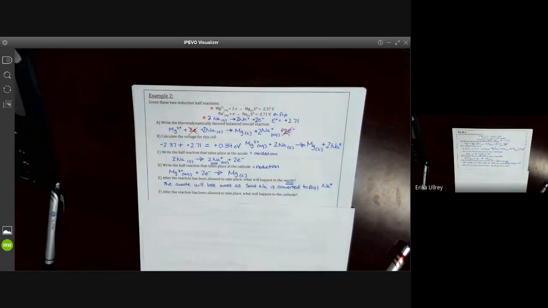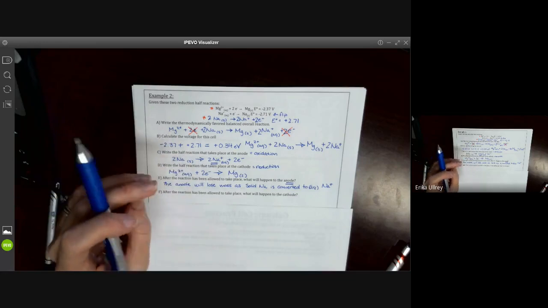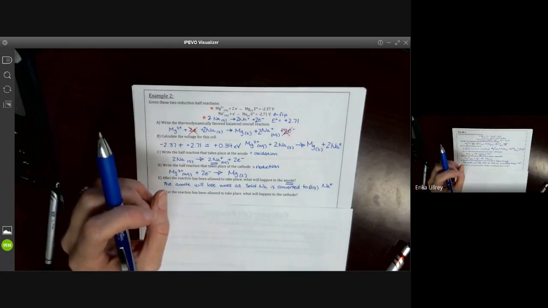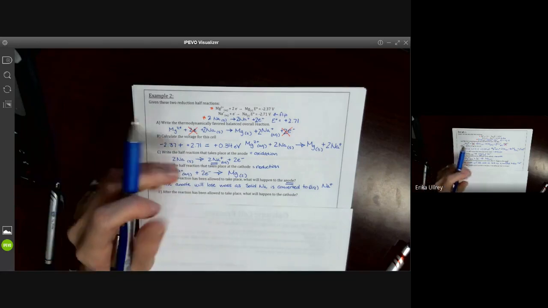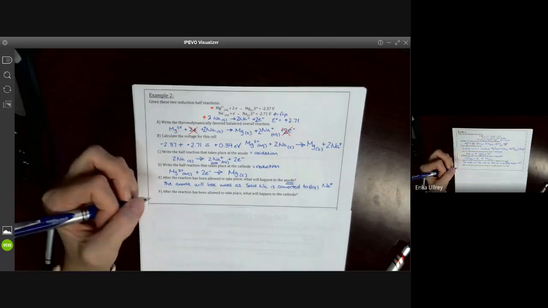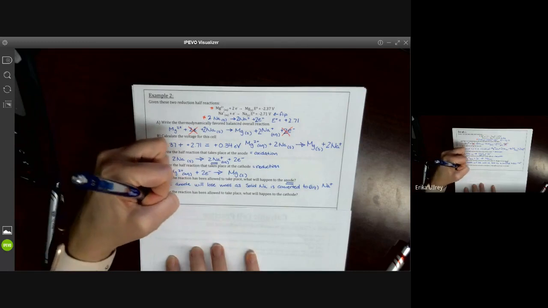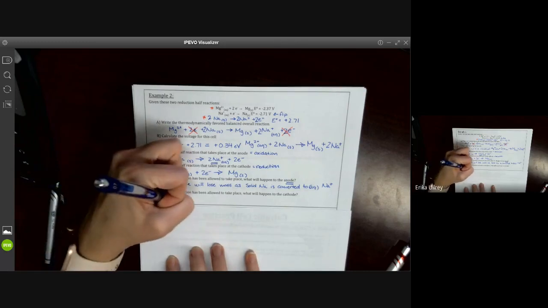Okay. After the reaction has been allowed to take place, what will happen to the cathode? What do we think is going to happen at the cathode? Sandra, what do you think? Excellent. That was a great explanation, Sandra.